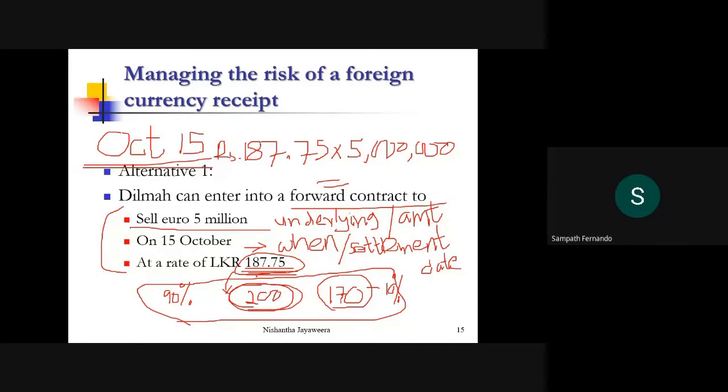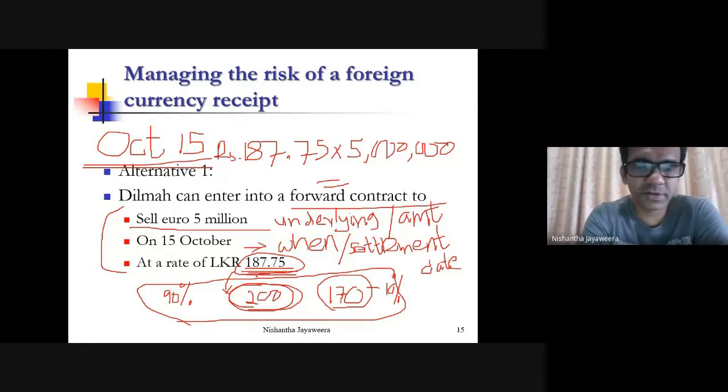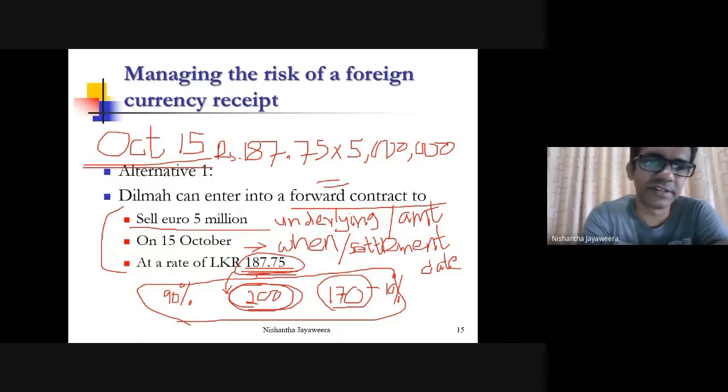Is the research department also attached to Treasury, or is it some other department? It can be part of Treasury. It's not mandatory to be a part of Treasury, or mandatory to be out of Treasury.